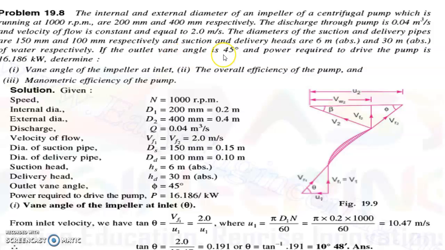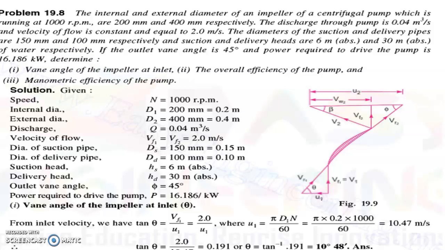The outlet vane angle, that is the angle made by VR2, the relative velocity at outlet, is phi, equal to 45 degree. And power required to drive the pump is also given, that is capital P is equal to 16.186 kilowatt. Now what we have to determine is the vane angle of the impeller at inlet. What is vane angle?